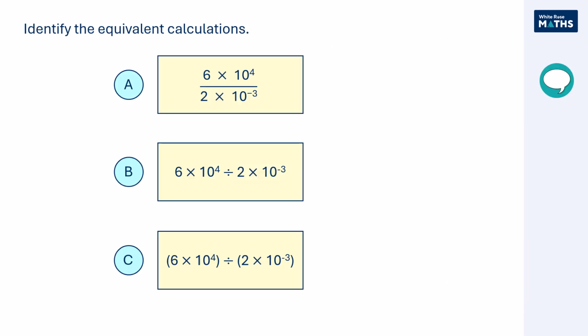Okay, next part. Identify the equivalent calculations. So 6 times 10 to the 4 divided by 2 times 10 to the minus 3. Okay, so this is actually the same as this. Oh, sorry. So A and C are going to be the same.